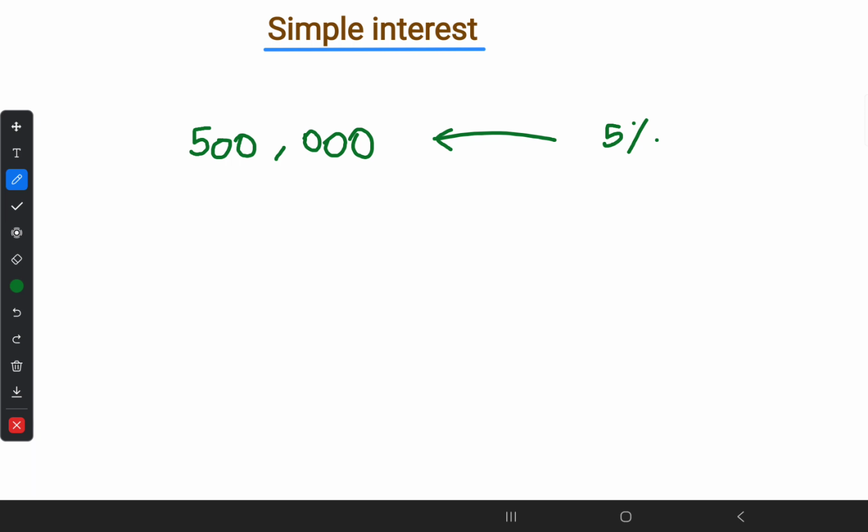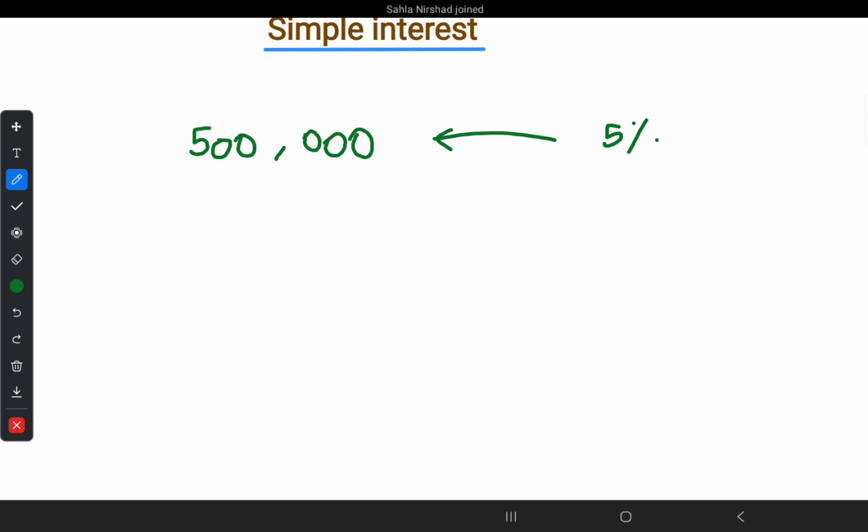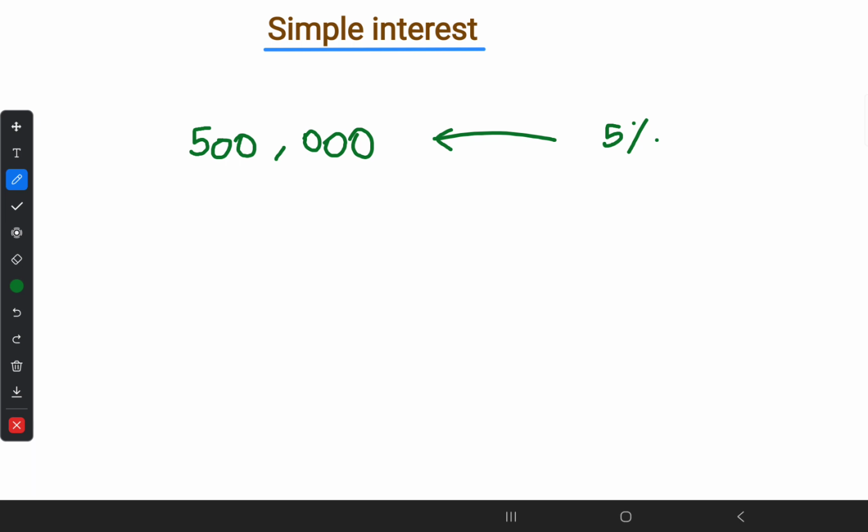Now you have to understand the concept of simple interest. 5% of interest means, look here: if I get 100 rupees of loan, I need to return 5 rupees as interest.